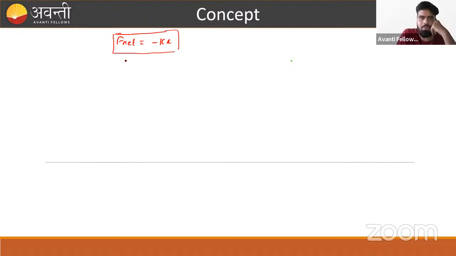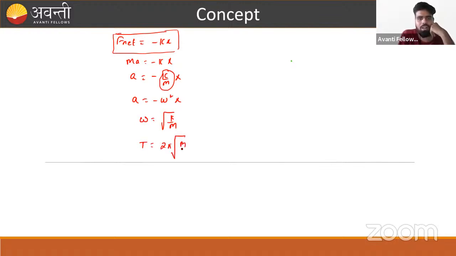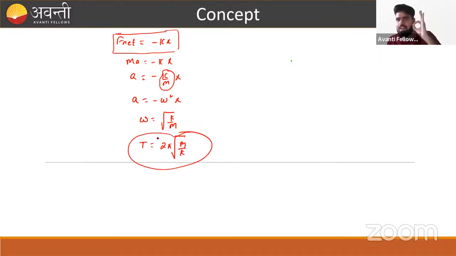So we can say m into a equal to minus kx. So acceleration is minus k by m times x, and this term can be written as omega square. Omega is directly the square root of k by m. Once we get omega, we can comment on the time period. I hope this is understandable for all of you.